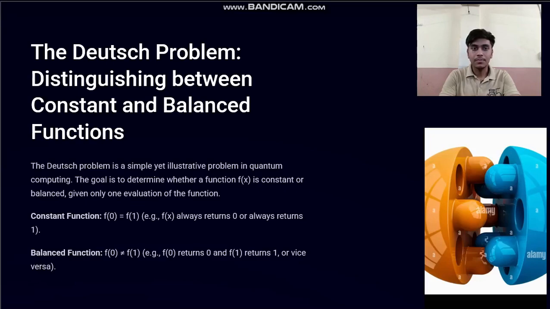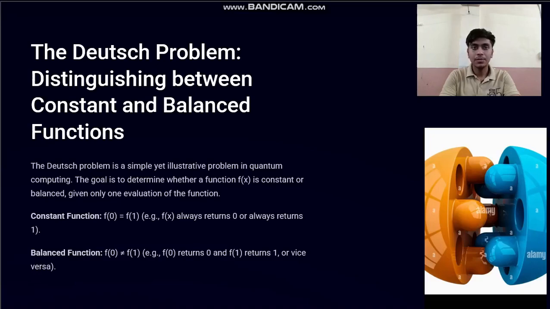The Deutsch problem, distinguishing between constant and balanced functions. The Deutsch problem is a simple yet powerful example in quantum computing. It asks a fundamental question about a function f(x) which accepts a single bit, either 0 or 1.